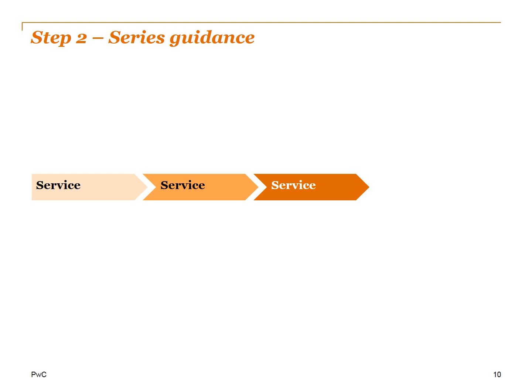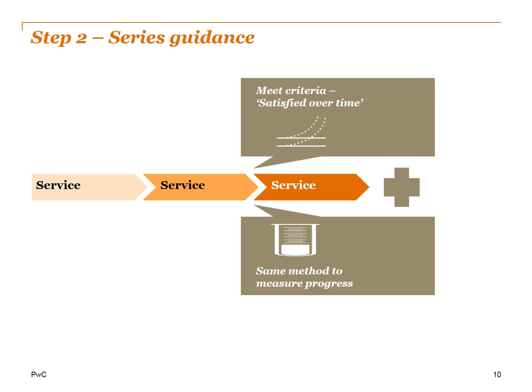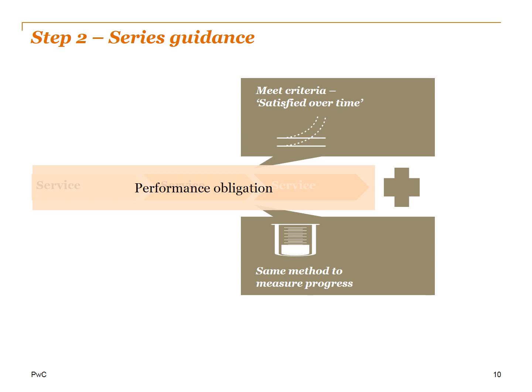We can conclude that a series of distinct goods or services has the same pattern of transfer if each distinct good or service in the series could meet the criteria to be a performance obligation satisfied over time, and the same method would be used to measure the entity's progress toward complete satisfaction of the performance obligation to transfer each distinct good or service in the series to the customer.